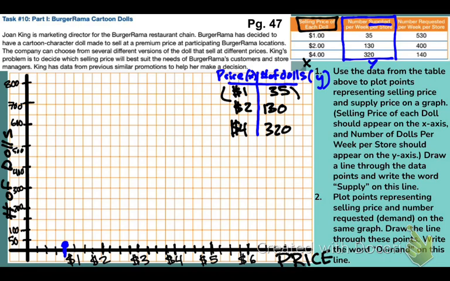Then my next pair of values is $2 and $130. So I'll go to $2 and graph up at $130. Now my next point is at $4, $320. Should be about there.